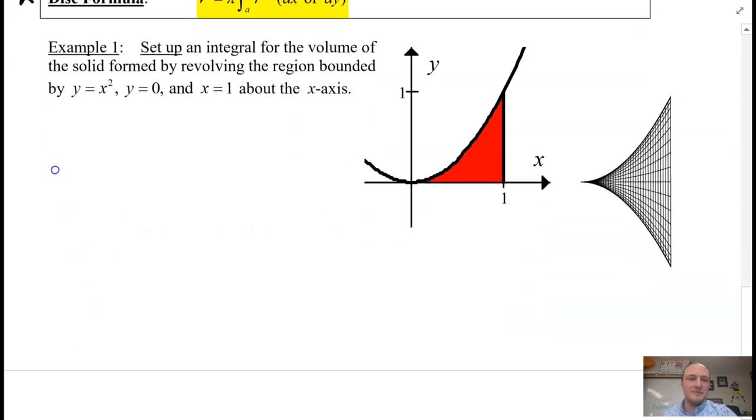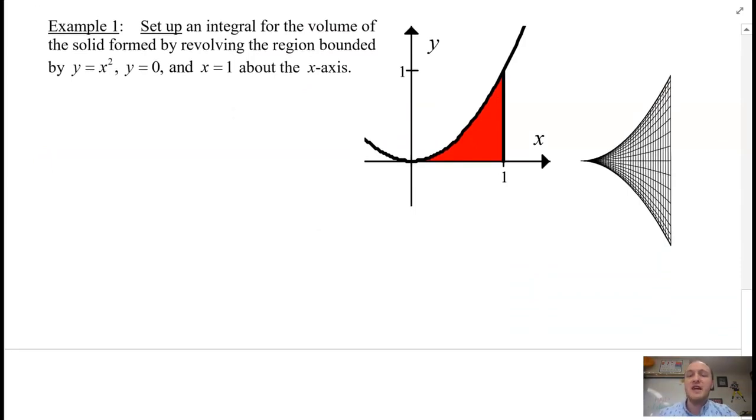So the same idea. And in example 1, you're looking at the same type of volume in our warm-up example. Here I just have the line y equals x squared. What we want to do is set up an integral for the volume of the solid formed by revolving the region bounded by y equals x squared, y equals 0, which is your axis of revolution, and x equals 1.